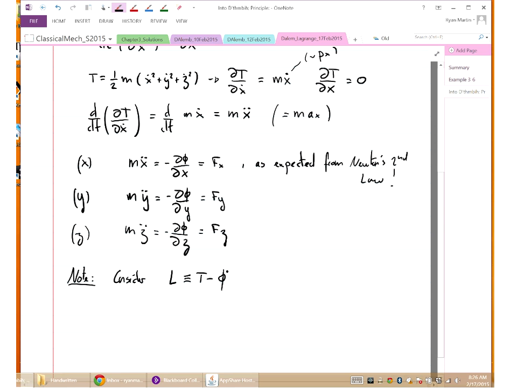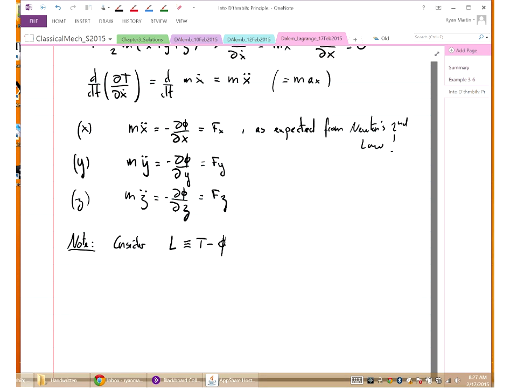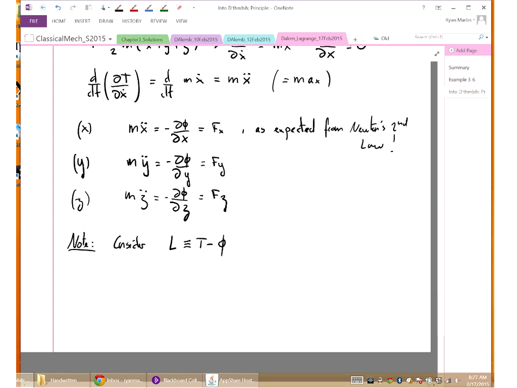So I know that φ turns out to be potential energy, the thing that gives rise to a force when you take the gradient, and it turns out to have the right units of energy. And so I know mathematically I can build this new thing which I'm going to call L, and I'm going to say it's T minus φ.